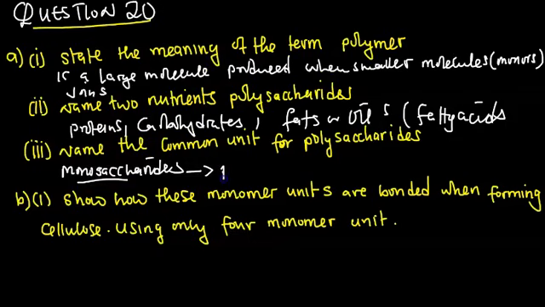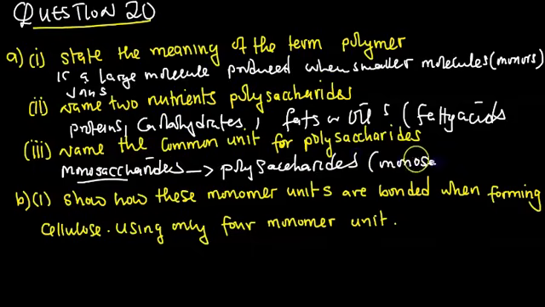When they join, they form what we call polysaccharides. So the common unit for polysaccharide is a monosaccharide, and a monosaccharide is glucose. So the answer here is glucose, which is called a monosaccharide generally.